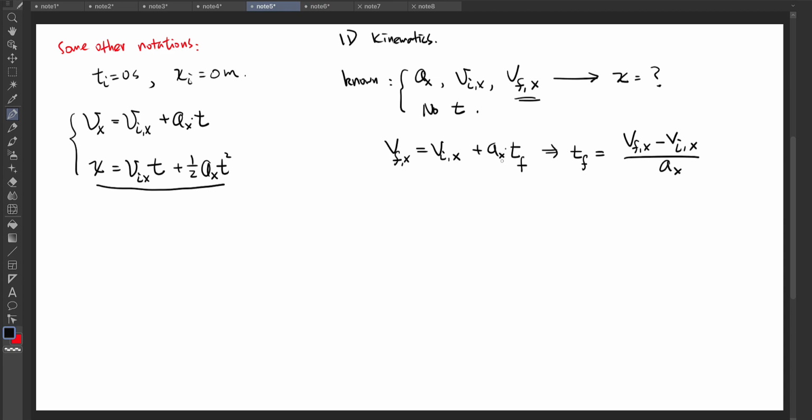And after that, I just plug into the second equation. So x equals vi x times t, which will be v final x minus vi x over ax, plus 1/2 ax times this whole thing here squared.